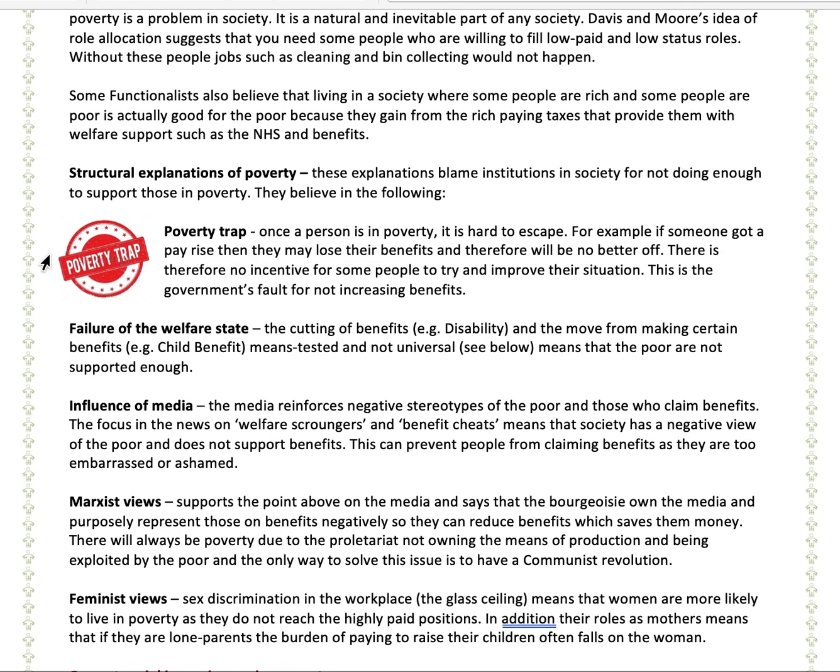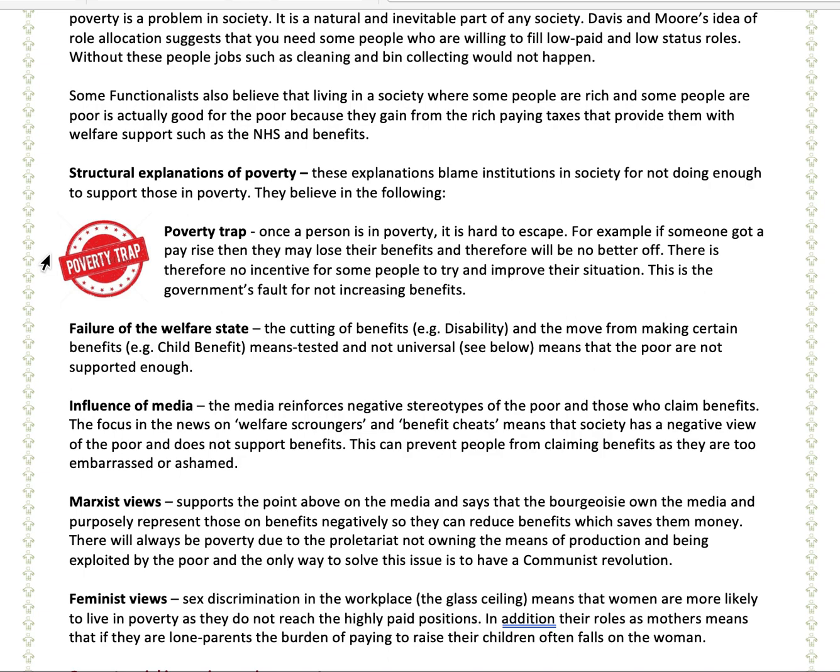The first one, poverty trap. It's very difficult to escape poverty because of how our benefit system works. Sometimes if you get a promotion in a low-income job, you might lose your benefits, like free school meals for your children, and end up worse off financially. So there's little incentive to gain promotions, because you're working harder but not actually getting any more money.